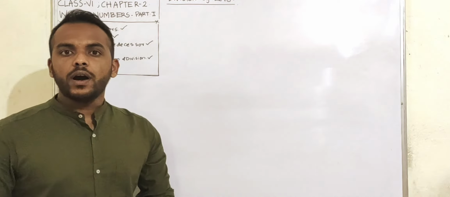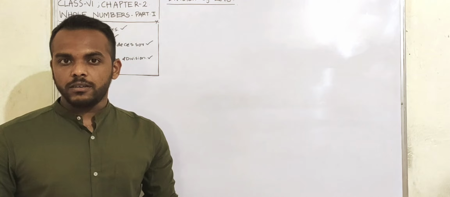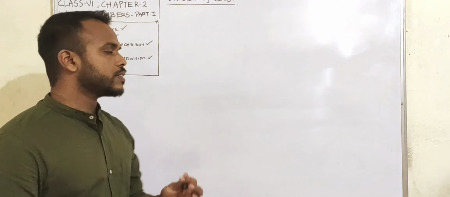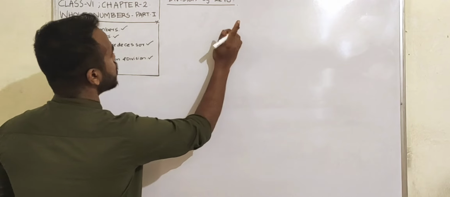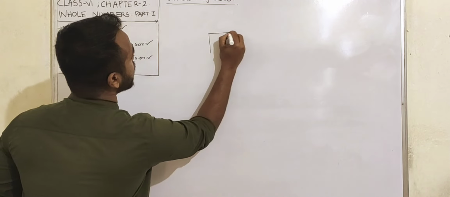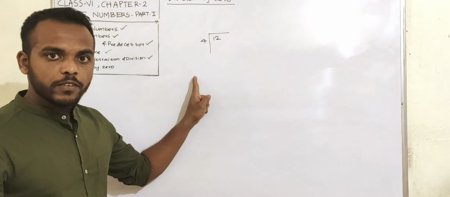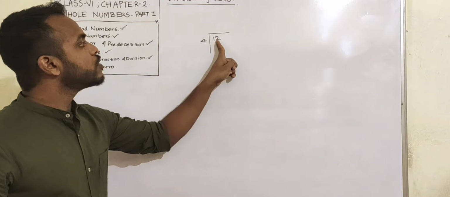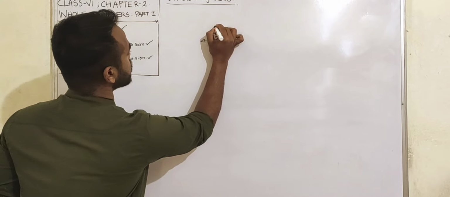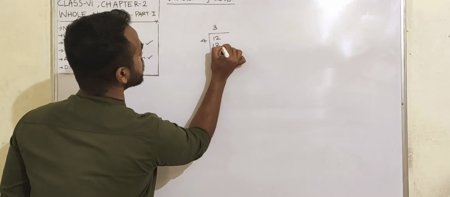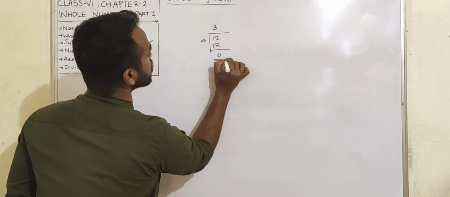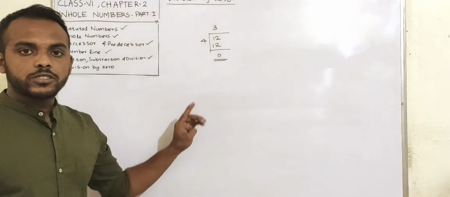First of all, what is division of a number? We should understand that. I will represent it using an example. Suppose we want to divide 12 by 4. We all know the value of 12 by 4. The answer is 3. 3 times 4 is 12 and the remainder becomes 0.